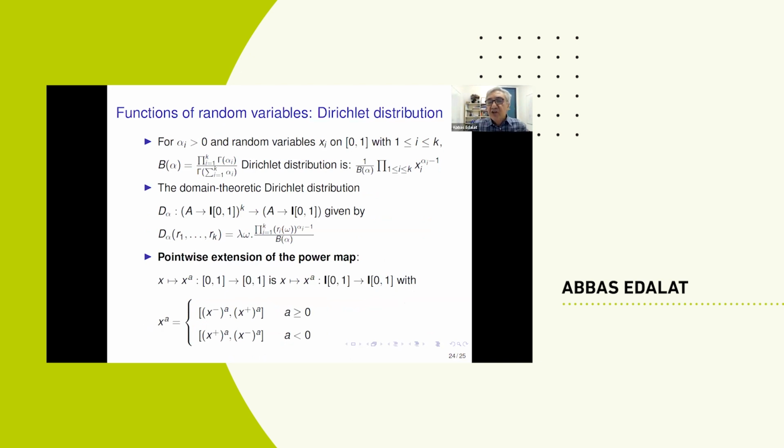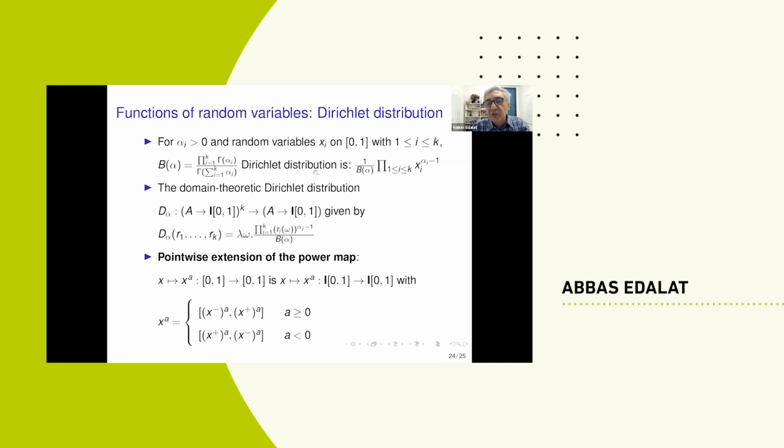For example, the Dirichlet distribution. If you have got a finite number of positive real numbers alpha i, and the same number of random variables on the unit interval, and if B alpha is the beta function of the vector alpha, the vector of the n real numbers alpha i, B alpha is a real number defined in terms of the gamma function.